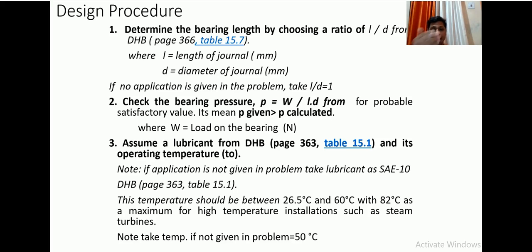As per the application, we can find the correct oil from the design data book. And if the application is not given in your problem, we generally take the oil SAE10.